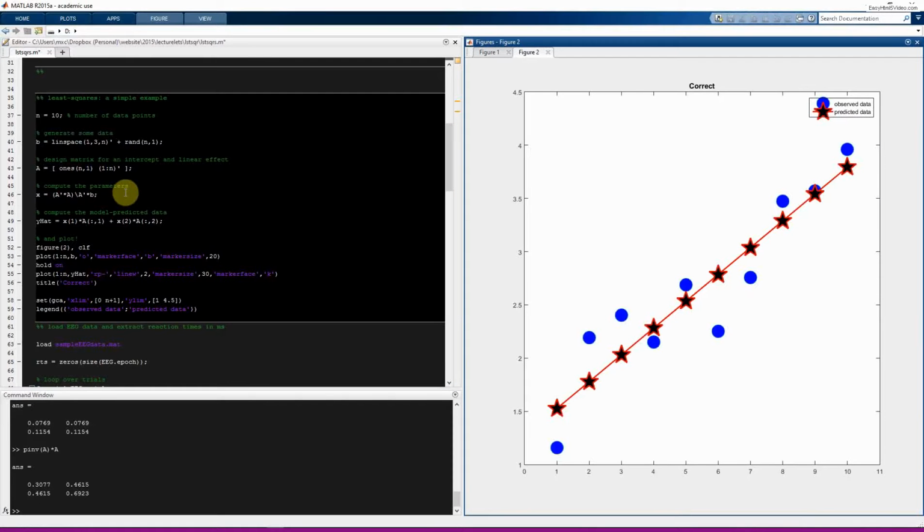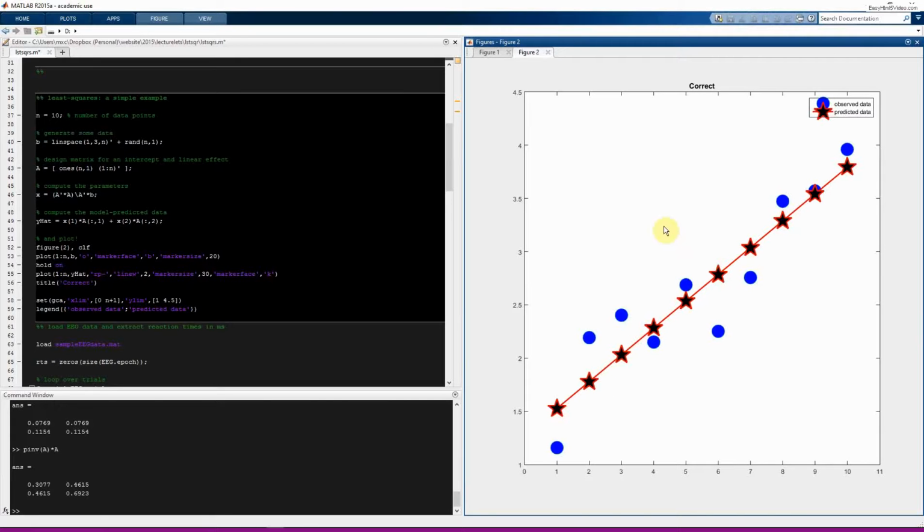Anyway, we can plot this, and we can see here's our observed, in quotes, of course, we didn't actually observe these data, but our simulated data in the blue dots, and then the red stars are the fitted data. So this is the least squares best fit to the data. So this should look familiar.